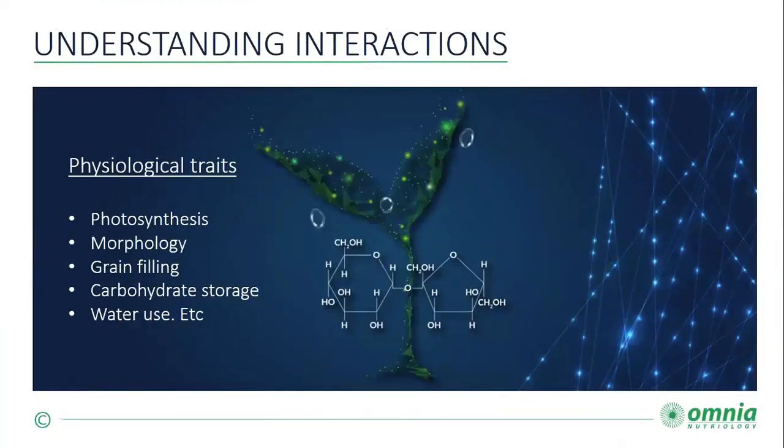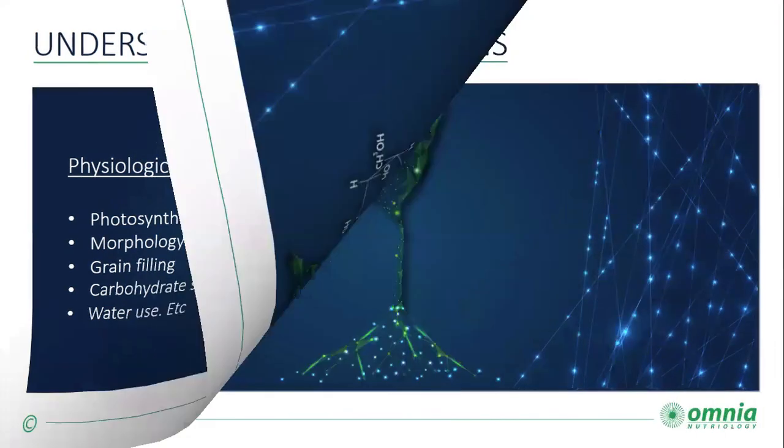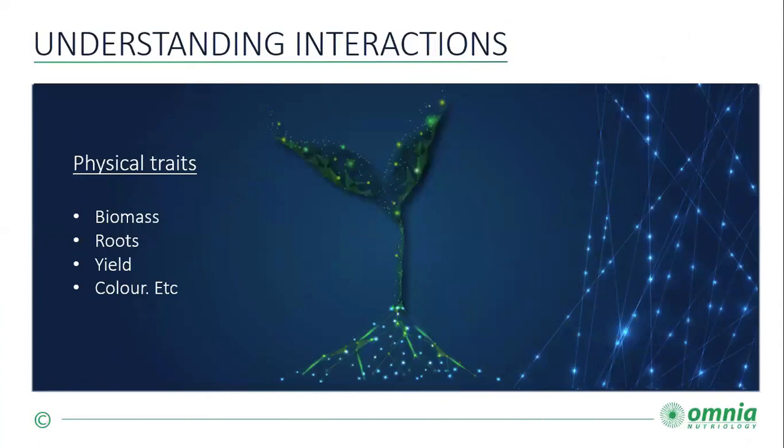This then translates into physiological traits, such as improvements in photosynthesis, changes in morphology, improvements in grain filling or carbohydrate storage, water use efficiency, etc. And finally, this translates into physical or agronomic traits, which we are familiar with and most often use in marketing data. This is the biomass, root biomass or yield or color, quality, etc.